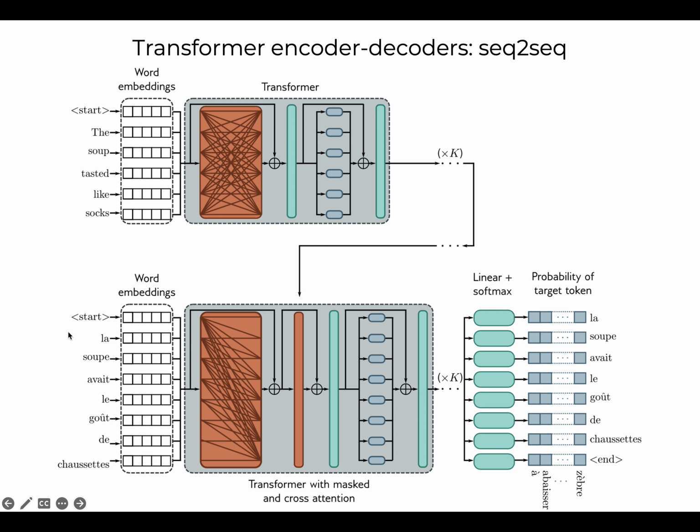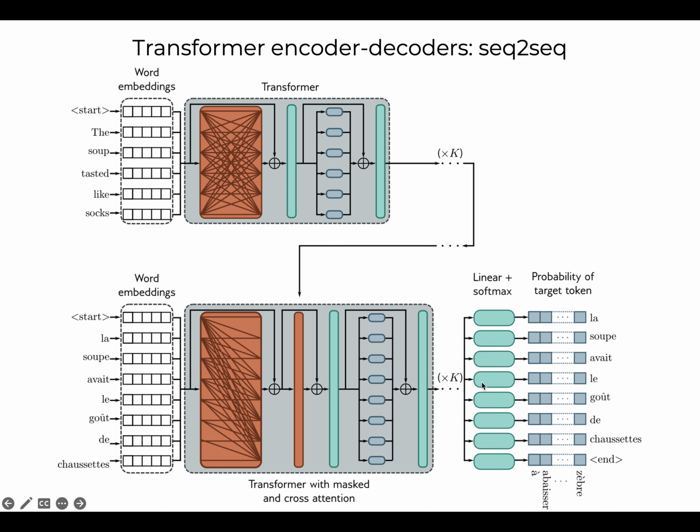Then in the decoder, we're doing a bit like we did before with the autoregressive generation. So we're feeding in the sequence of tokens up to a certain point in the sequence. And what it's going to output is the input shifted by 1.